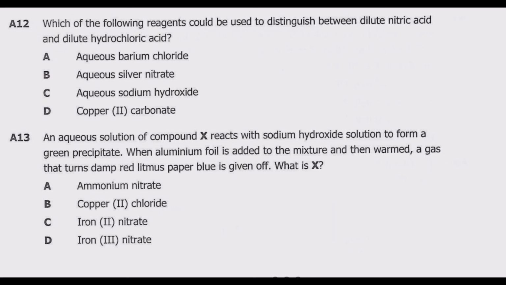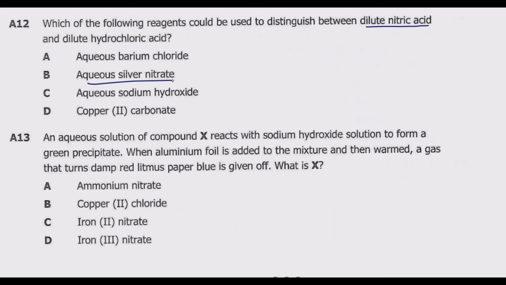So when you add that to silver nitrate solution, if the silver nitrate solution turns white due to the formation of silver chloride, then the acid is hydrochloric acid. If nothing happens, which means the solution remains clear, then the acid is nitric acid.